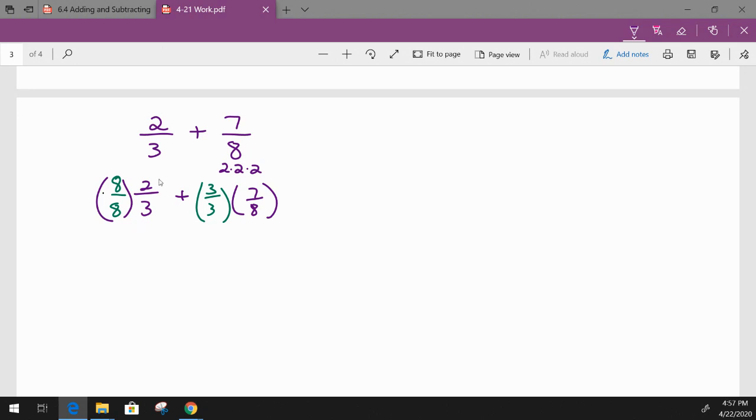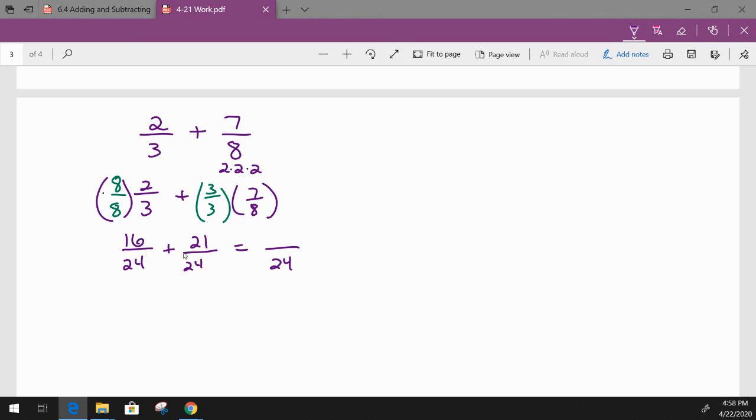So now if I multiply my numerators together, I would get 16 over 24. And then if I multiply my numerators together here, I would get 21 over 24. Now that they have the same denominator, when you add them, you will also have the same denominator. So that denominator does not change, but you simply add the numerators.